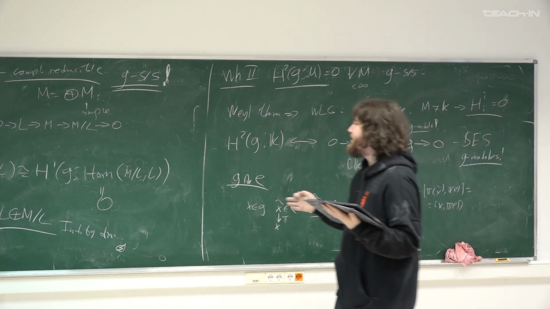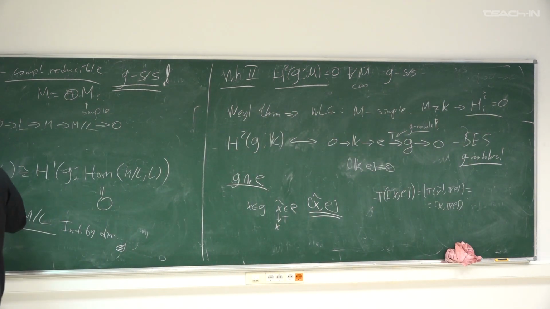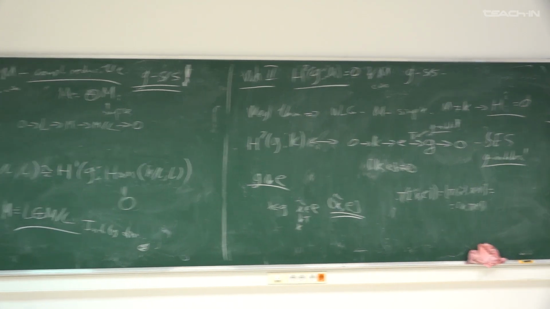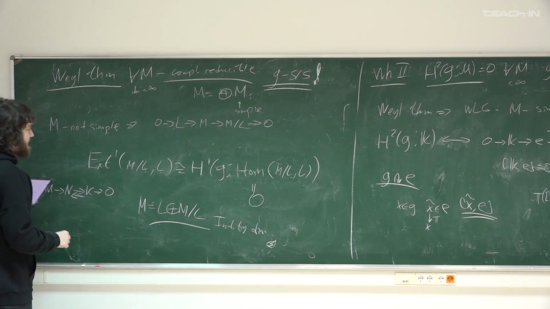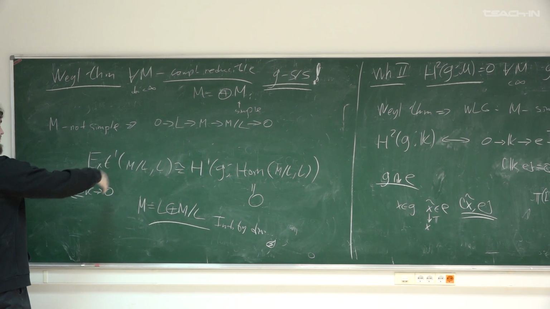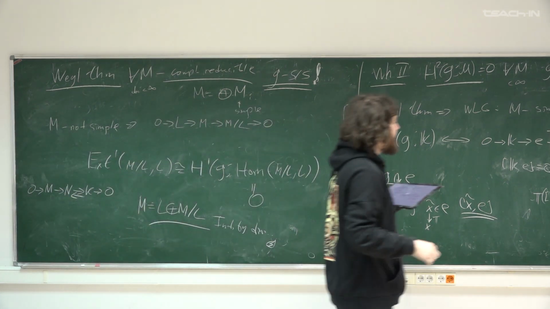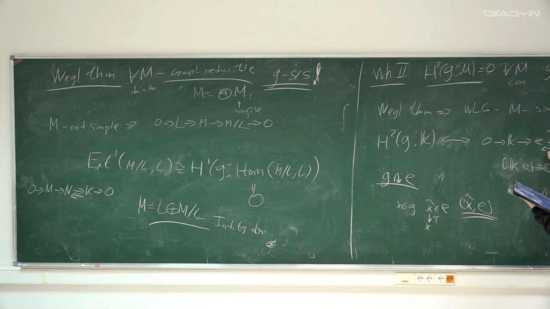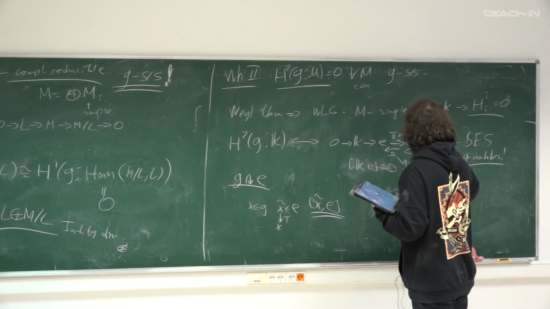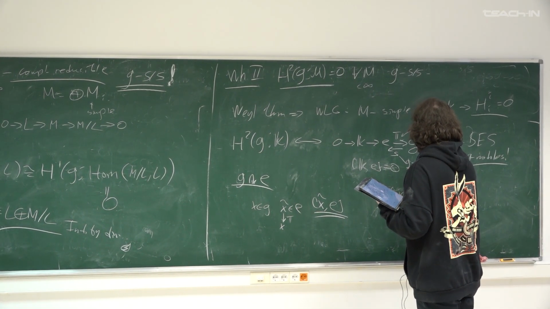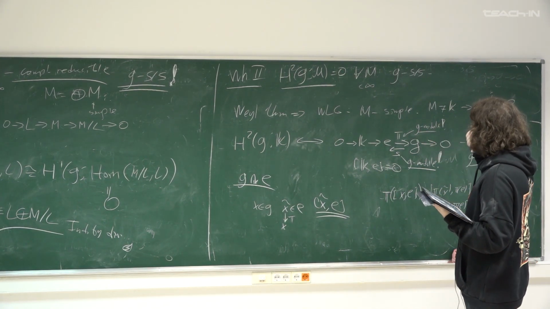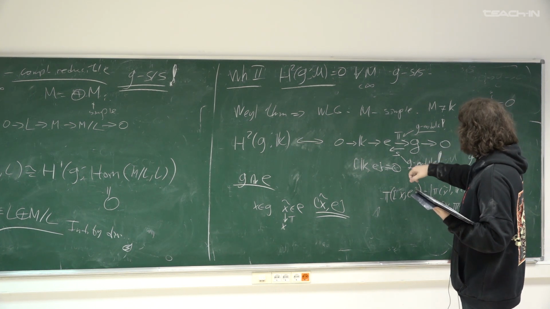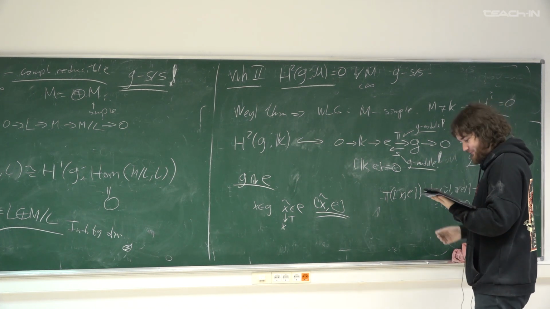In fact, from Weyl's theorem we know that any short exact sequence of any modules of a semisimple Lie algebra is trivial as G-modules, because it's also the first cohomology with coefficients in Hom. So from this we obtain that we have a section which is a G-module section. So we only need to check, to obtain that this is a trivial Lie algebra extension, that this section is in fact a Lie algebra section.